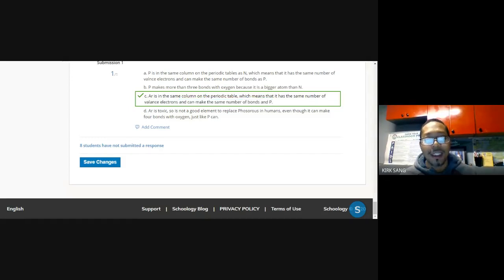Once elements are in the same column, they can make the same number of bonds because they have the same number of electrons. All right, for those who did not get this, we're going to be focusing on using a sentence frame that forces you to reference the periodic table and the column within that periodic table.